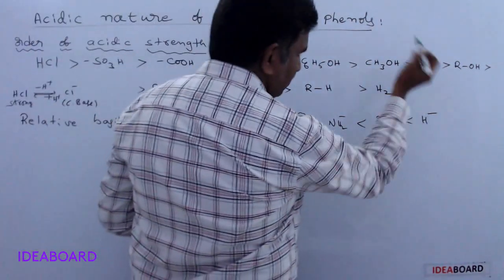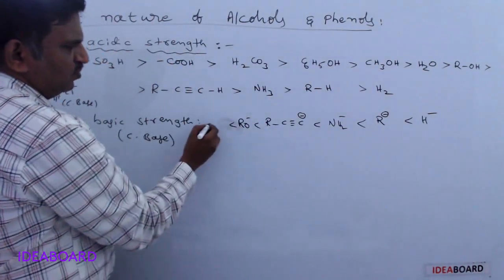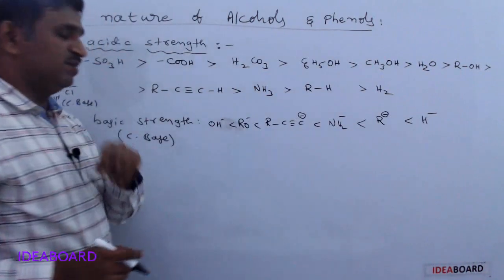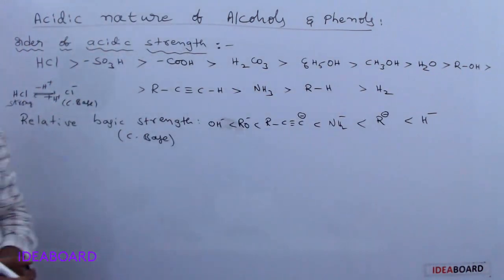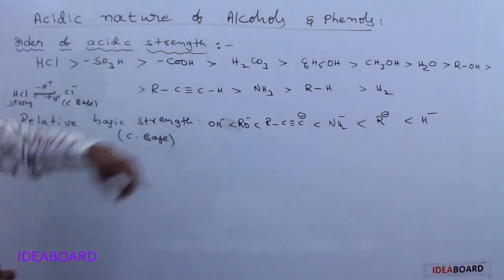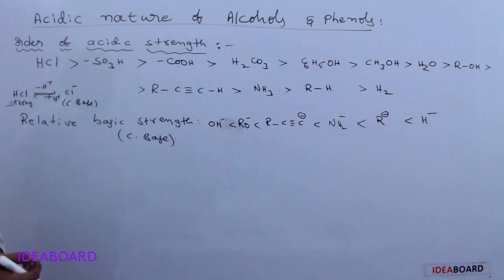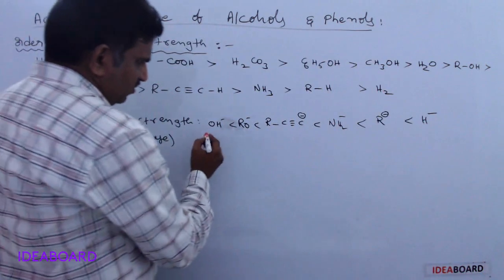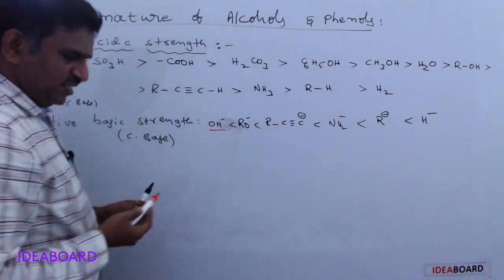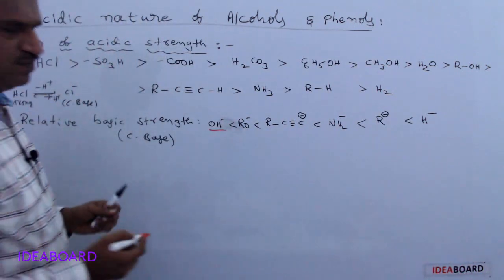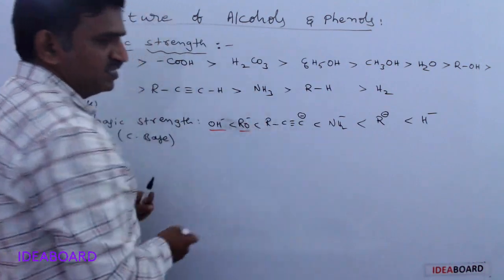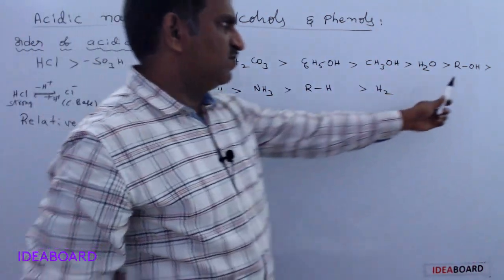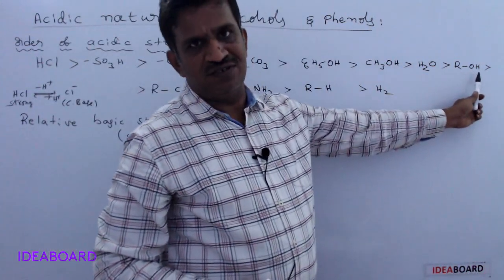And after releasing a proton, H2O forms OH minus. So please remember this relative basic strength, conjugate base strength order also. From this you can clearly observe that hydroxide ion is less basic than alkoxide ion. RO minus is alkoxide ion, which is formed after the release of a proton by alcohols.